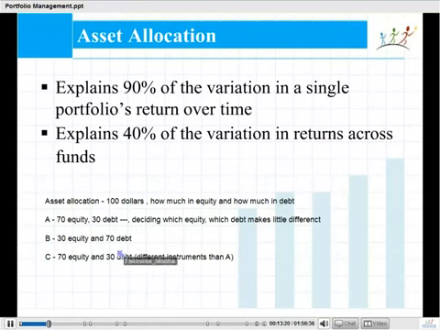Had the decision been 30-70, the volatility of returns may have been very different.